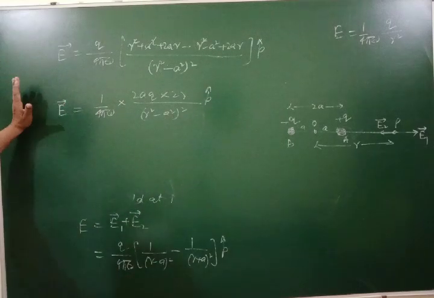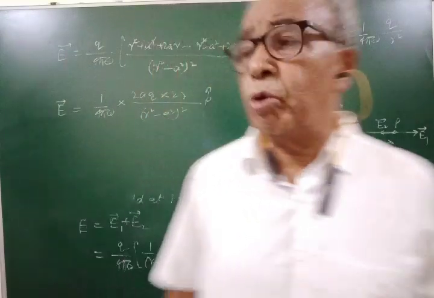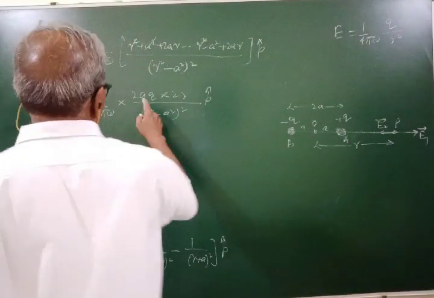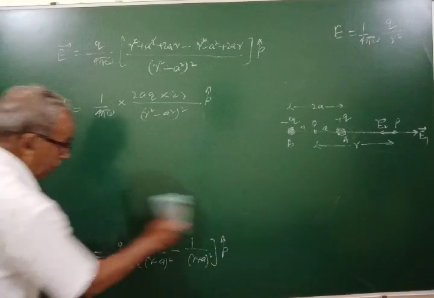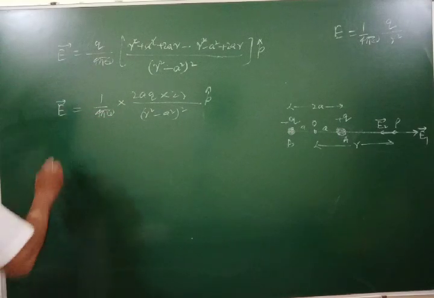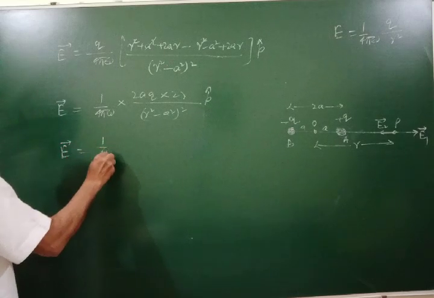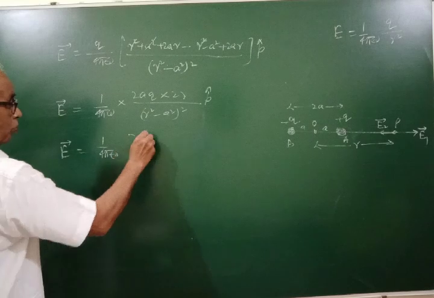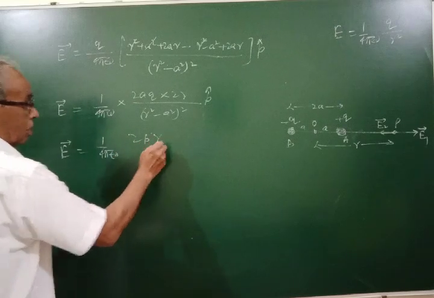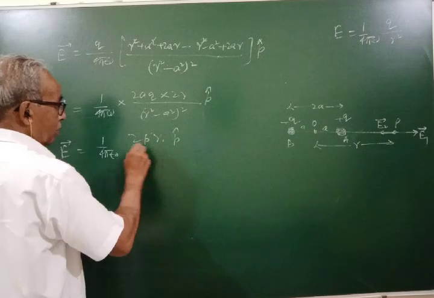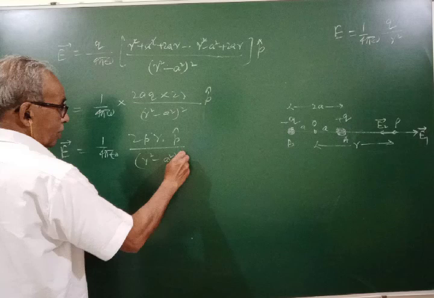If the left-hand side is a vector, the right-hand side should also be shown as a vector. What is 2aq? It is p. So E equals 1 upon 4 pi epsilon 0 times 2pr p cap upon (r square minus a square) whole square.